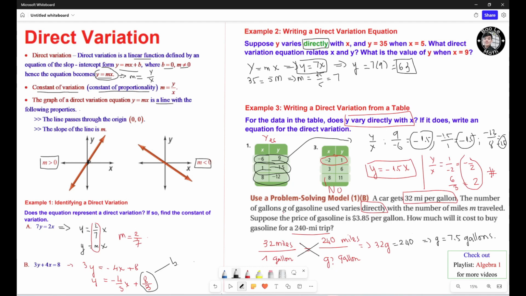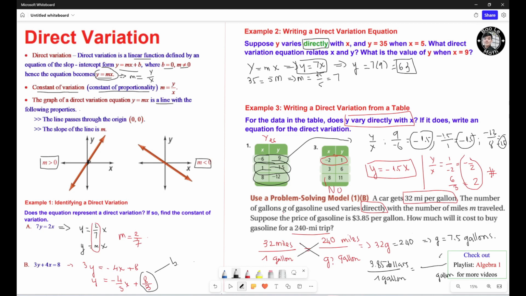Alright, next one. The price is $3.85 per gallon. So you set up a proportion again. $3.85 per 1 gallon equals, you have gallons here, you put gallons here.